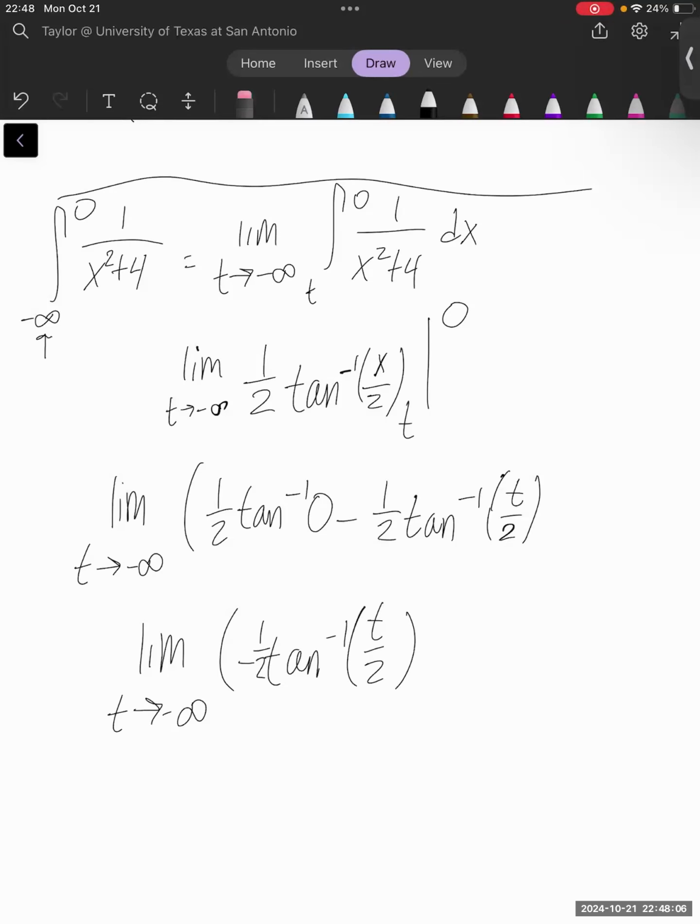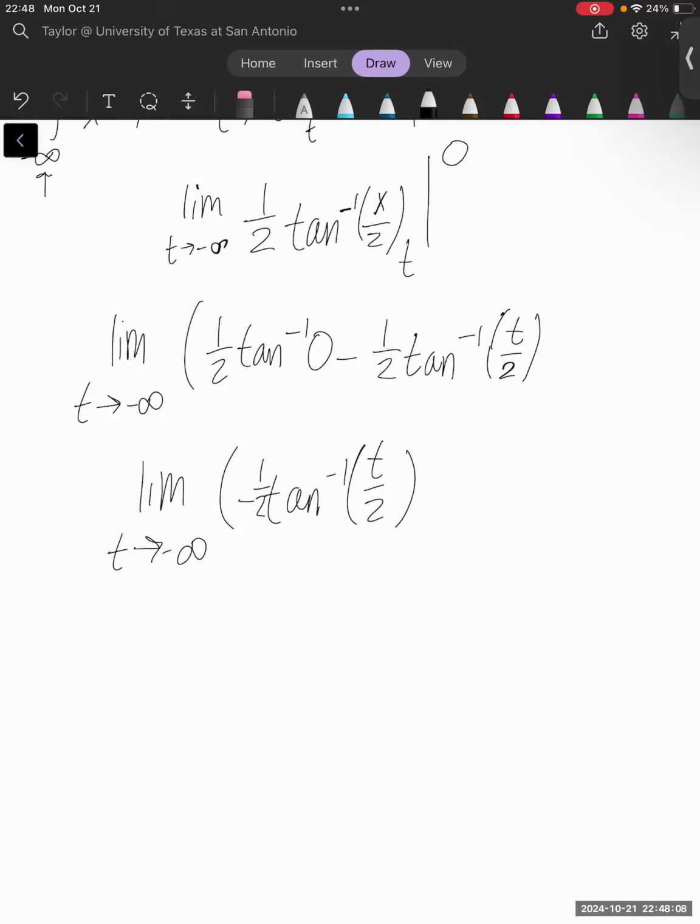And then we see that this converges to pi over 4. I'm sorry, we take t to negative infinity, and that gives us pi over 4.